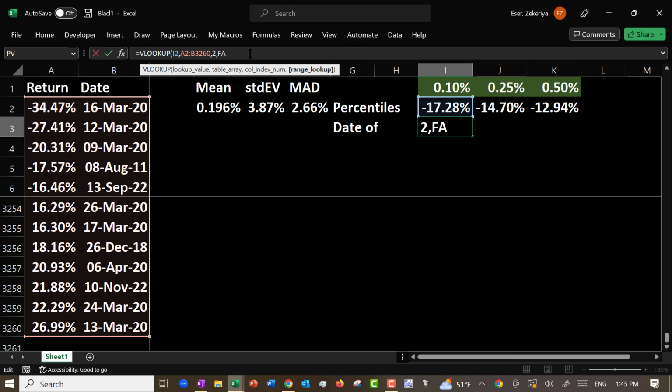Now, normally when we do VLOOKUP, we look for an exact match on the first column. But sometimes you want the one that is closest. For that to work, the first column of the search array needs to be sorted. Then you can make the last argument true.